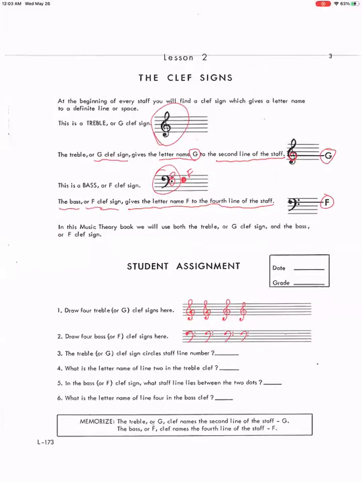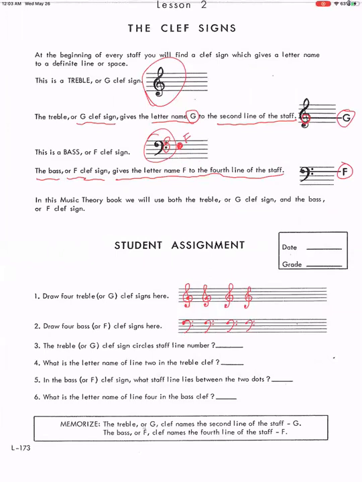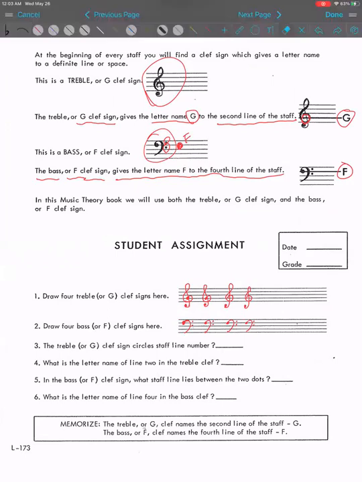Number 3, the treble or G clef sign. Circle the correct number. The question was asking you which line the G clef is circling. So the answer will be 2, because if you look at the top, we talked about that, and there's a picture right here.